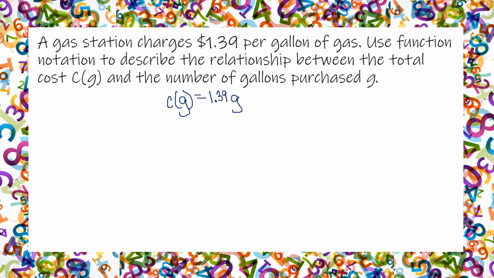So if I got 2 gallons, that would be $2.78. If I got 10 gallons, that'd be 10 times $1.39, or $13.90. So that cost per gallon in function notation, with those parentheses there, is $1.39 times the number of gallons you are getting.